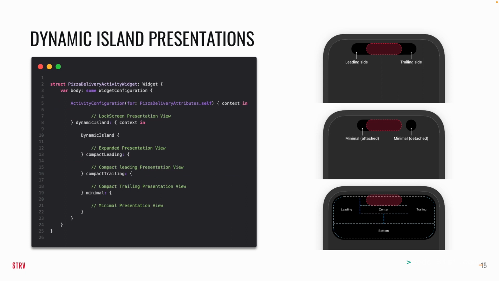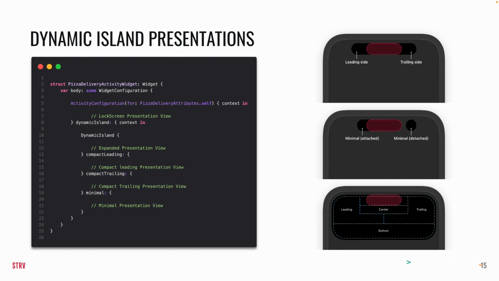So here is the fun and maybe interesting thing. Maybe you ask, okay, we have this physical hole, so how are we going to implement our view here? Let me start with the simple one. As I mentioned before, we had the compact one, the minimal one, and the expanded one.